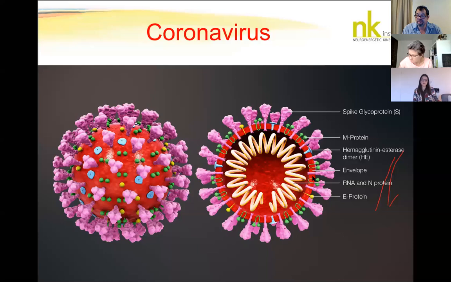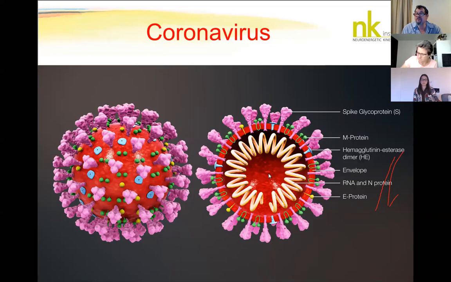So the viral envelope is essentially a membrane, the same structure as a human cell membrane, which is a phospholipid bilayer. And you can see here there's various other little proteins in there.